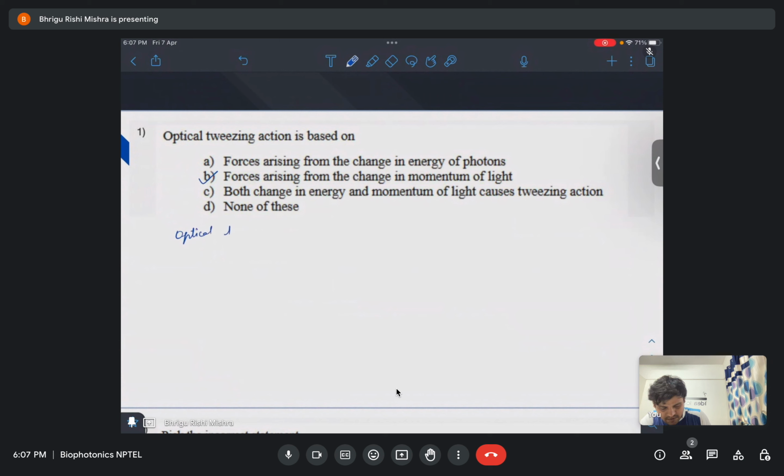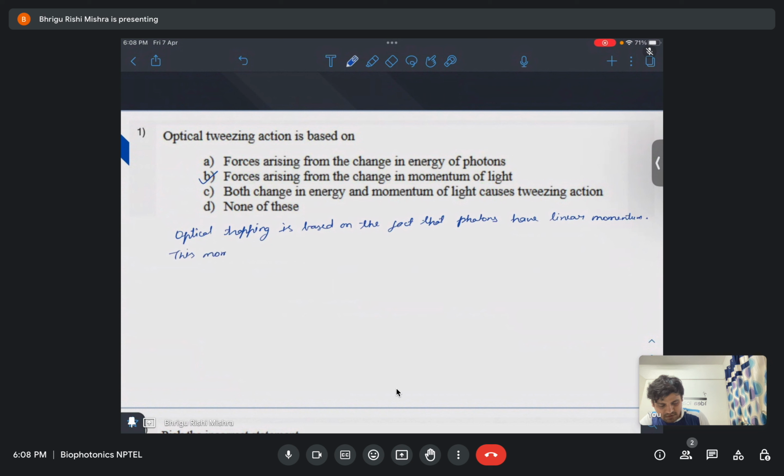optical trapping is based on the fact that photons have linear momentum.